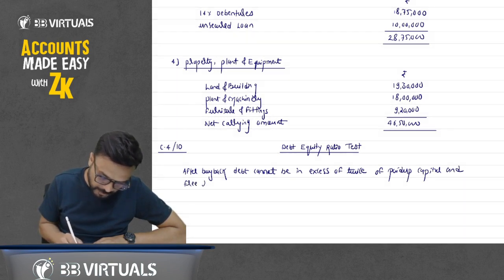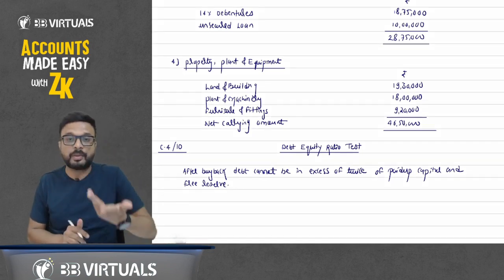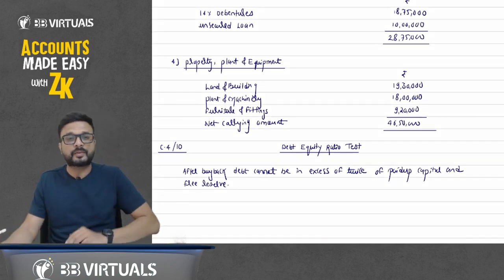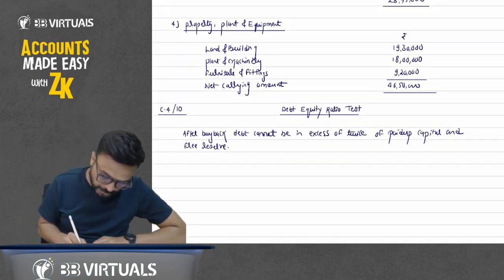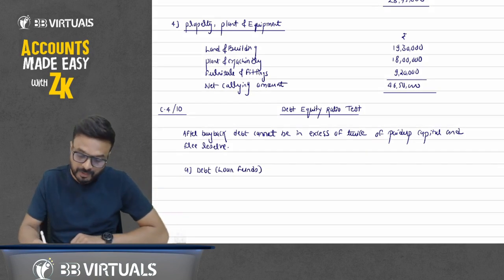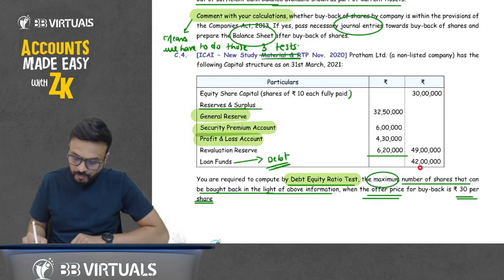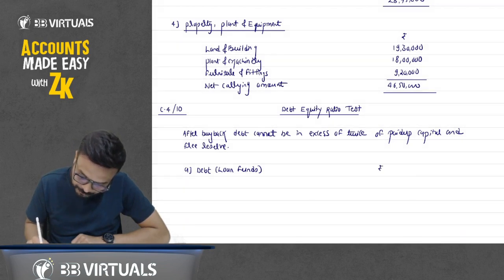What does it mean? We have already discussed it before the break: your debt cannot be more than twice the paid up capital and free reserve. So write down first point, debt. What do you mean by debt? Here loan funds. It includes both short term and long term. It is given in the question, loan fund is 42 lakh. So debt is 42 lakh.